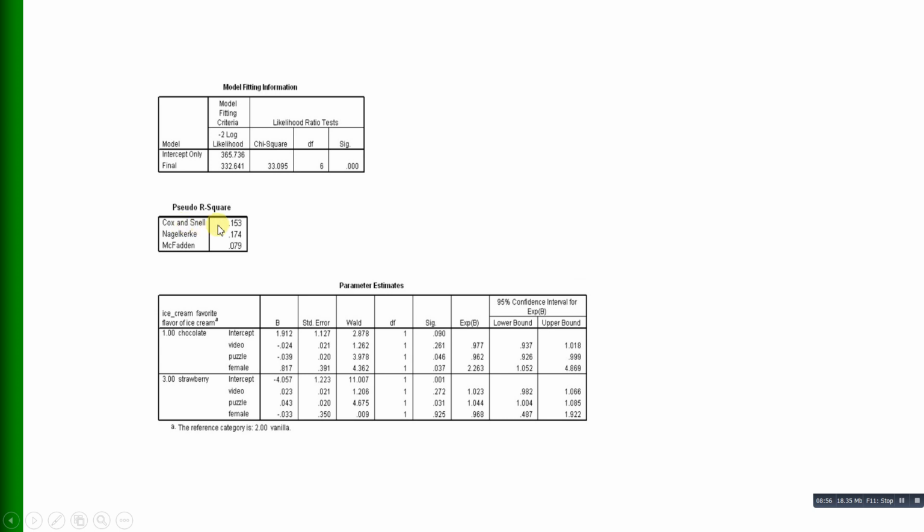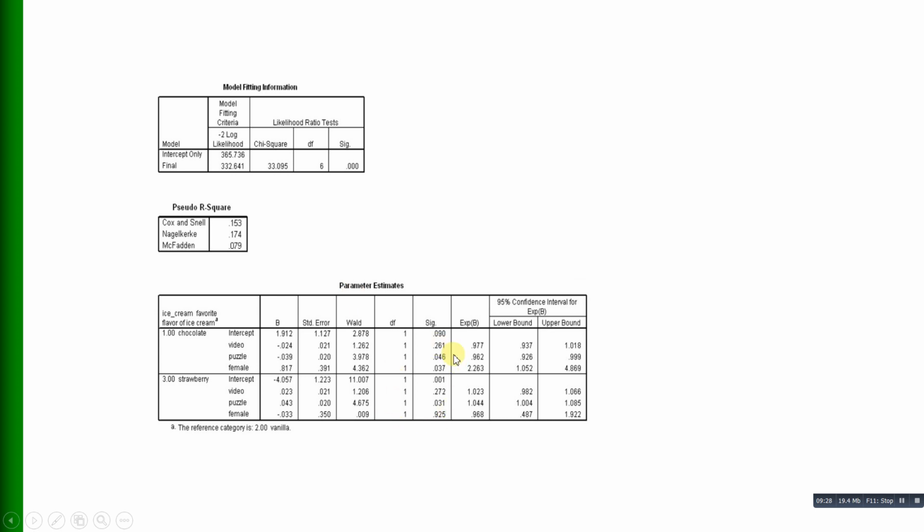The Nagelkerke pseudo R squared is equal to 0.174, and the McFadden R squared is equal to 0.079. And these are the parameter estimates of the model. Now this is chocolate versus vanilla, because vanilla is used as a reference category, and this is strawberry relative to vanilla. So I am going to explain all these results.